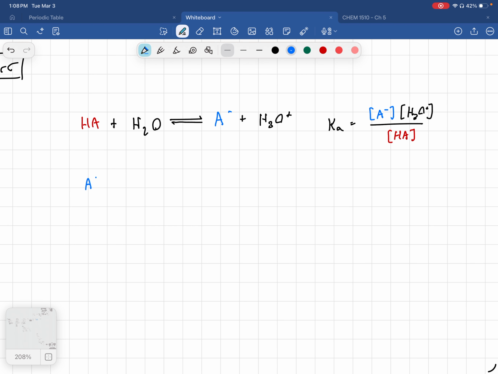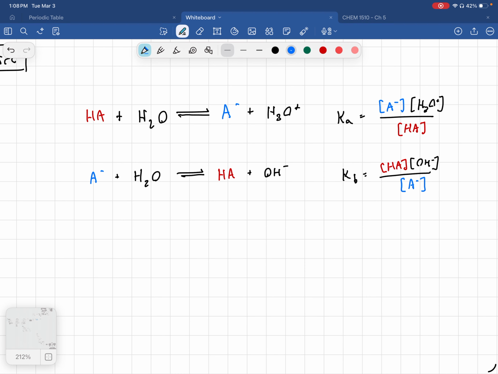If we take that same conjugate base and react it with water to reform its acid form, thus leaving behind OH minus, then this would be a Kb expression, since we're adding a proton to the base, forming OH minus. That looks like HA times OH minus concentration all over the A minus concentration.